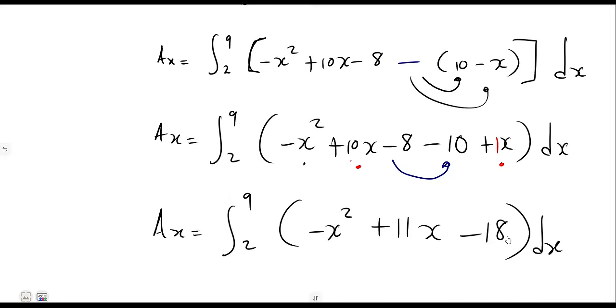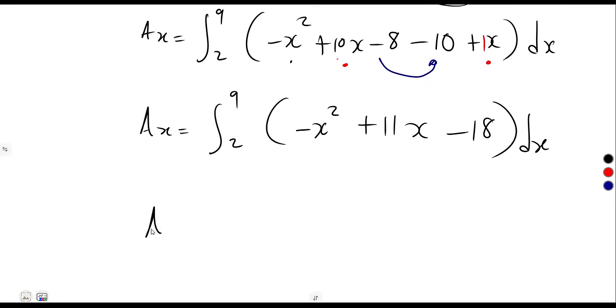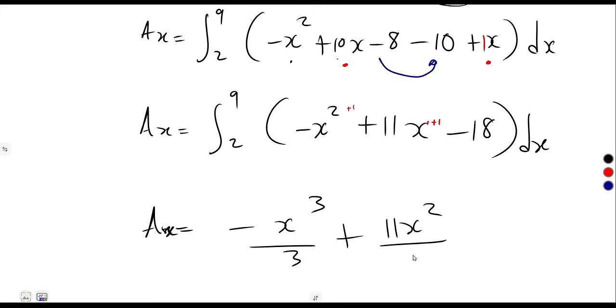With respect to x, we're simply going to integrate this. Remember, in integration we add 1 to the exponent and divide by the new exponent. x is already to the power 1, so adding 1 it becomes 2. So that's 11x squared over 2, and minus 18x.